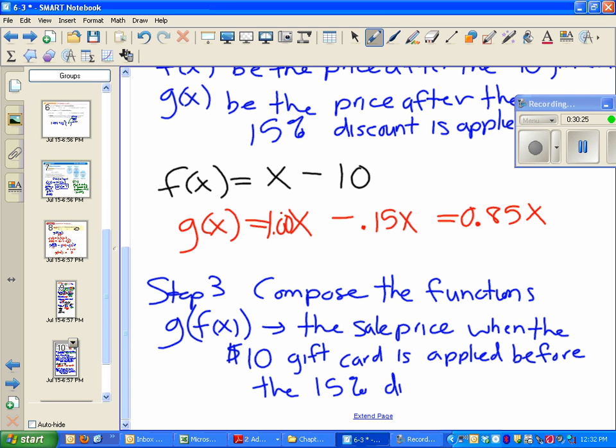Basically you went shopping, they rang up your stuff, they swiped the gift card, and then they applied the 15% discount.